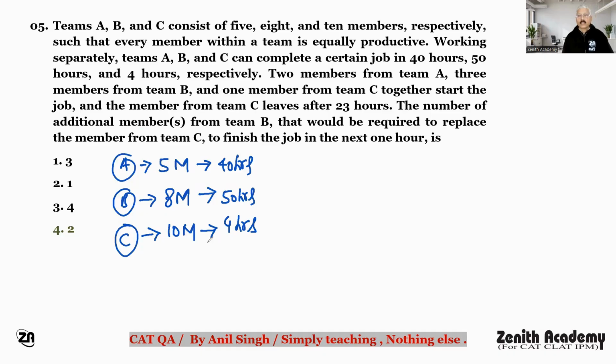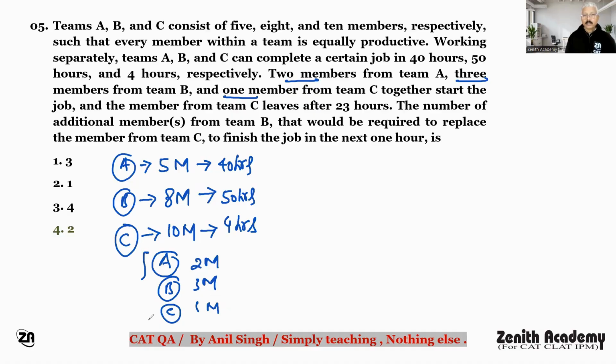And further, two members from team A, three members from team B, and one member from C started work together.